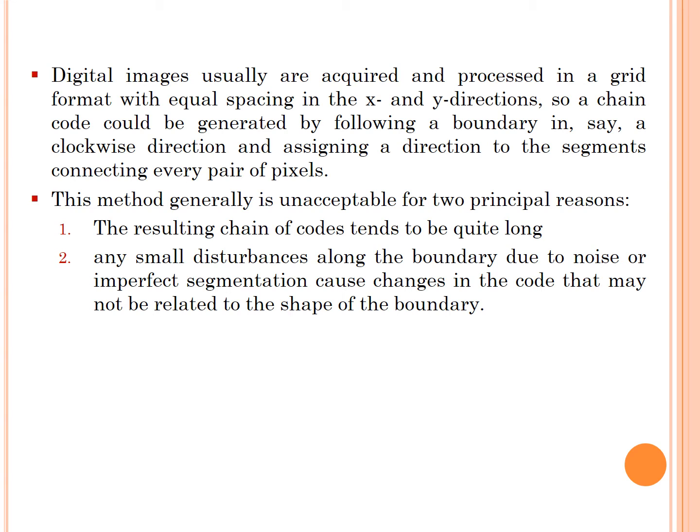This method generally is unacceptable for two principal reasons. Number one, the resulting chain of codes tends to be quite long. And number two, any small disturbances along the boundary due to noise or imperfect segmentation cause changes in the code that may not be related to the shape of the boundary.